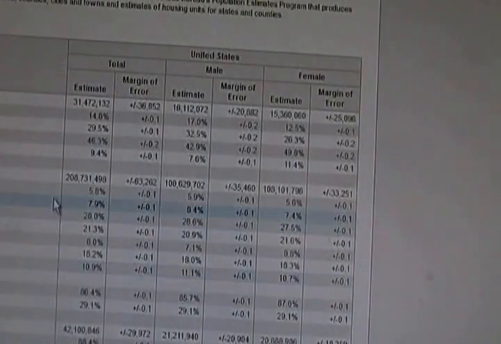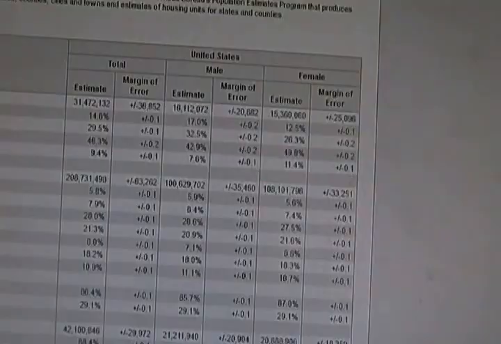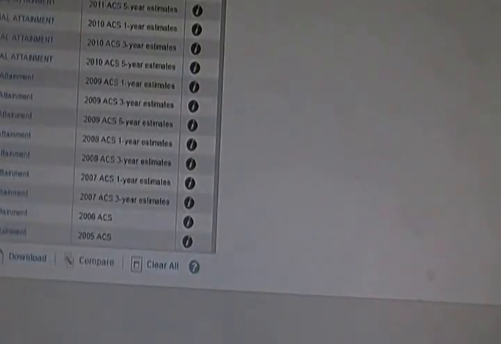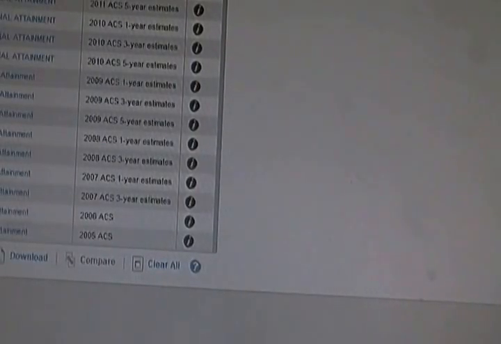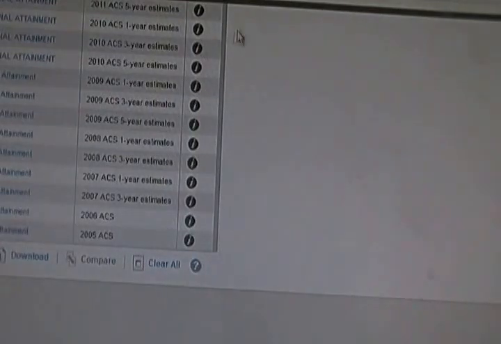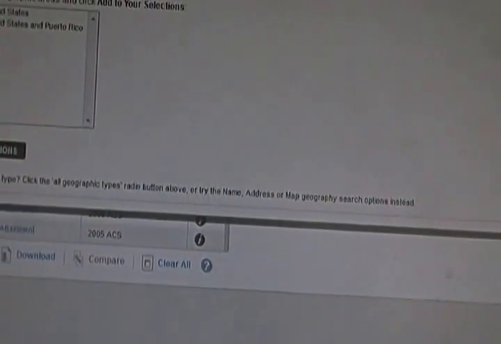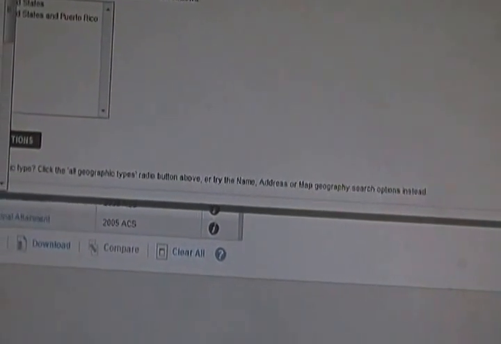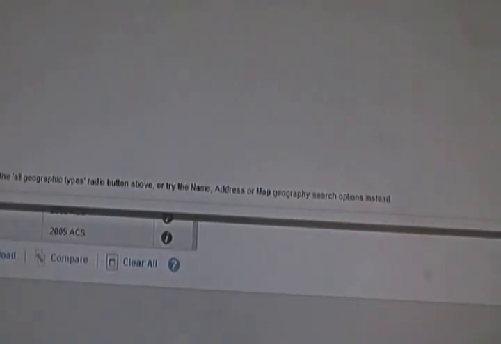So basically, let's look at this. This is the United States, okay? I'm going to go back out here and go to counties. Geographies, and if I go out and select the geographic type, I want to go to county. I want to go Kentucky. I want to go to Madison County, Kentucky.